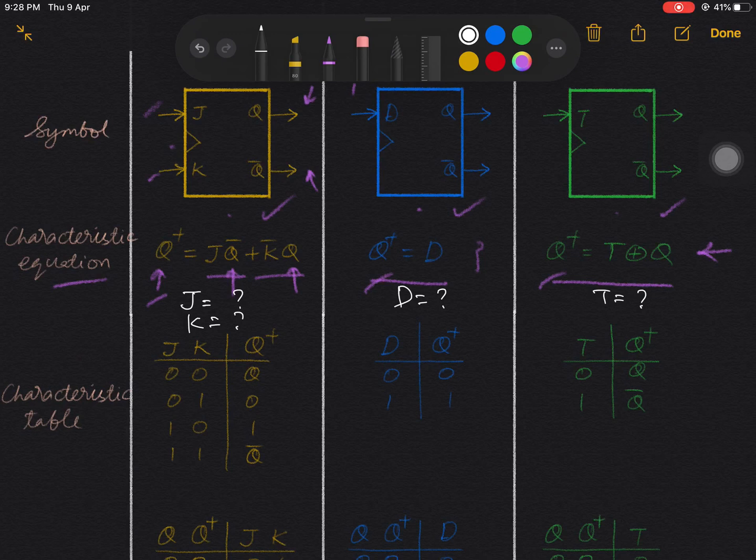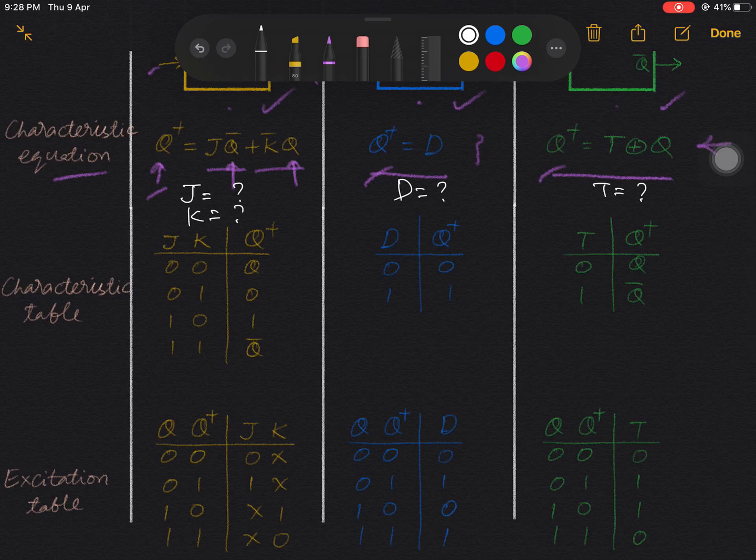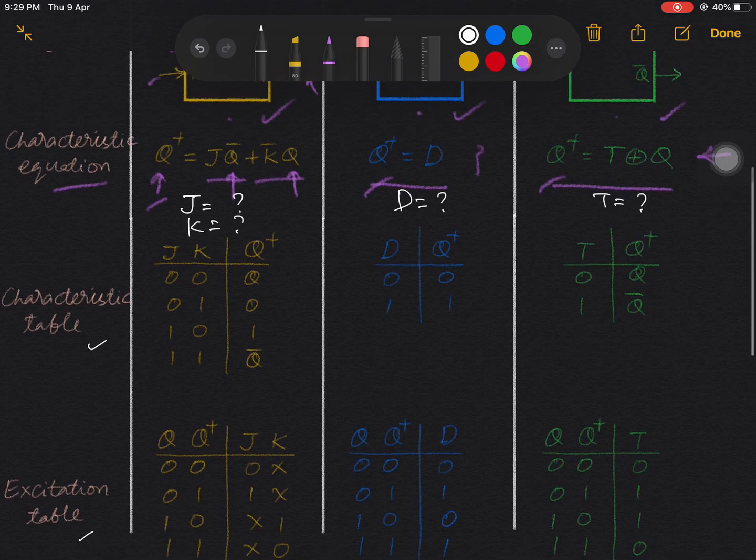Alright, so based on these characteristic equations, we can derive two types of table, namely the characteristic table and the excitation table. The characteristic table is directly obtained from the equation.